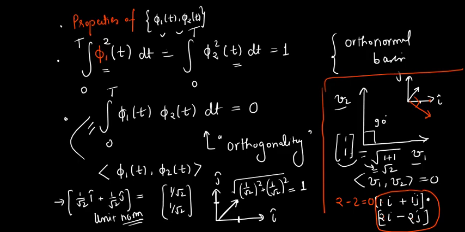We calculate energy, and if it is equal to 1, we call it unit norm, or a normal vector, therefore we call it orthonormal. So they are orthogonal as well as normalized, in the sense of their energy, therefore they are called an orthonormal basis. Now is it clear?